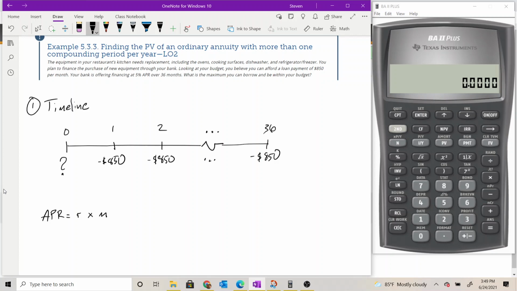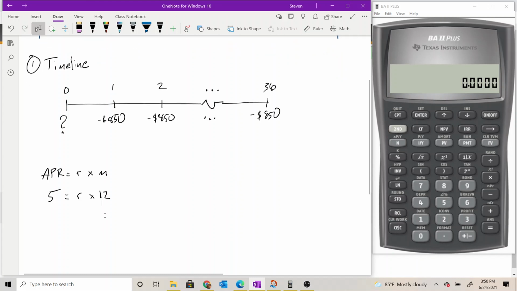With this problem, we know the APR, that's 5%. We don't know the monthly effective rate, but we do know there are 12 compounding periods per year. So we can use this definition to figure out that little r.